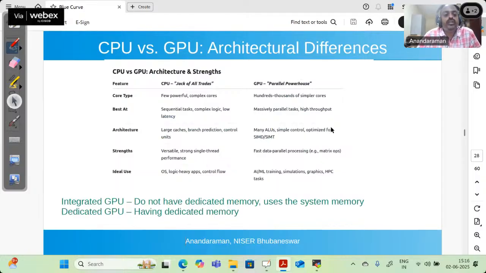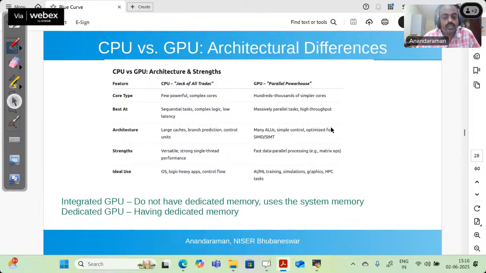Okay, what is the architectural difference? The CPU has a few powerful, complex cores. The GPU has hundreds or thousands of simpler, less powerful cores. CPU is good for sequential tasks, GPU is good for parallel tasks. The CPU architecture has large cache, branch prediction, and control units. Here there are many ALUs, that green part.